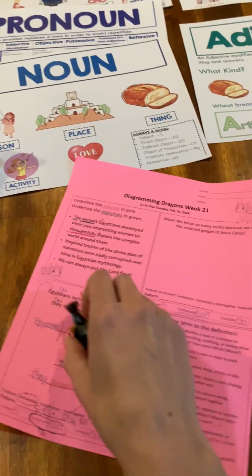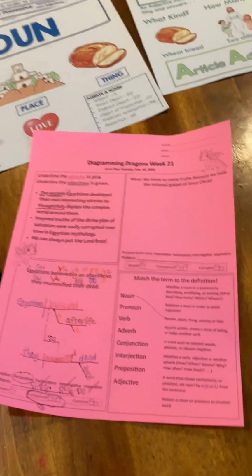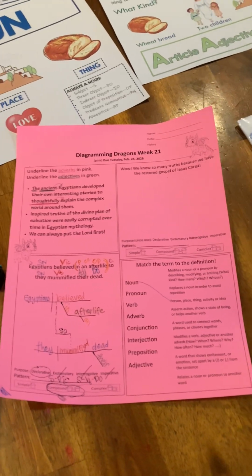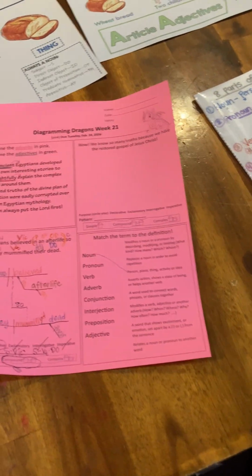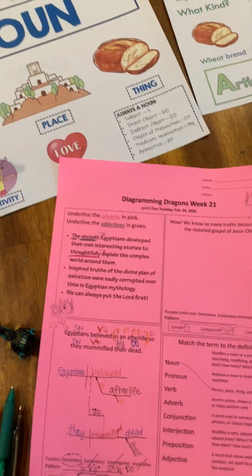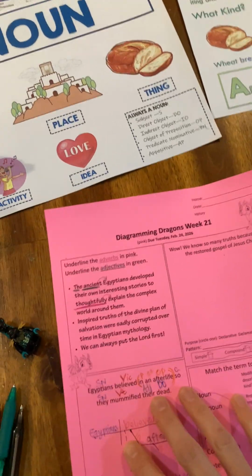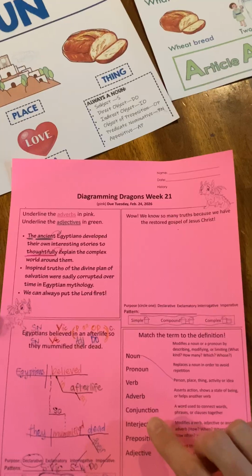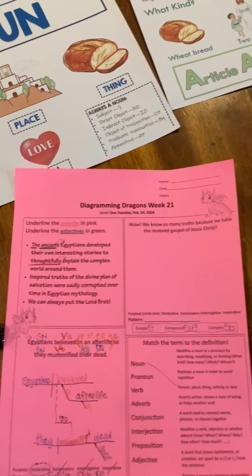Whew. All right. So now let's do the next sentence together. This one says, wow, we know so many truths because we have the restored gospel of Jesus Christ. So let's figure out who or what this sentence is about. Well, immediately what jumps off the page is the interjection, wow.